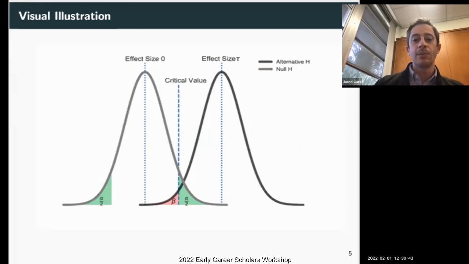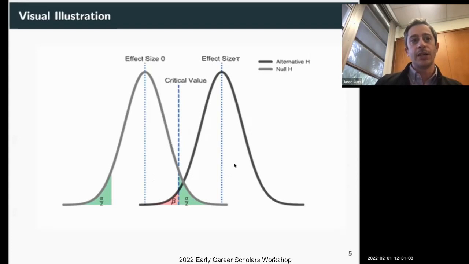So power is given by the probability that the statistical test will correctly lead to the rejection of the null hypothesis. Looking at this figure, we can already see a number of ways to think about power and reduce this beta. If we hold this effect size tau fixed, one main way that we do this is by reducing the variance in these curves.